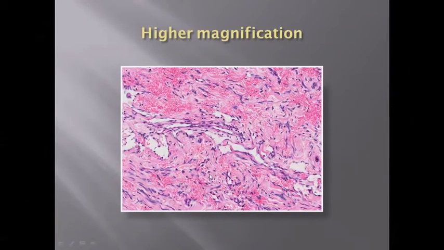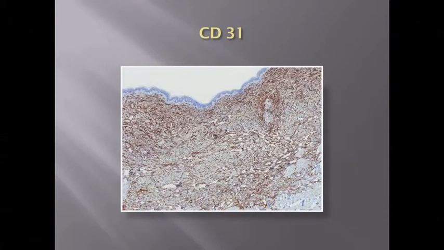And you also see these spindly cells around with such extravasated red blood cell formation in the surrounding dermis. So that is the CD31 staining, which diffusely stains all the spindly cells as well as the endothelial cells in the vessels. So you can see the vessels quite nicely there. And that gives away the diagnosis.